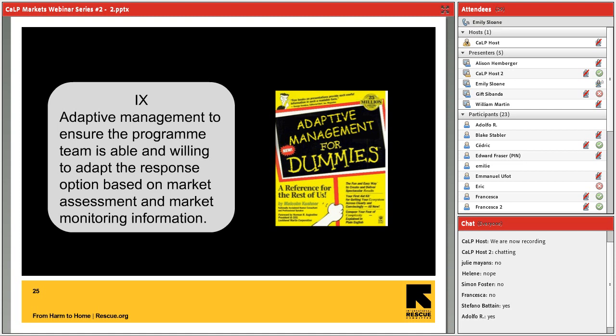That can be a big enabling factor to allow adaptive management, whereas many agencies have probably run into a blockage when donors are not flexible on modality choice midway through the program.